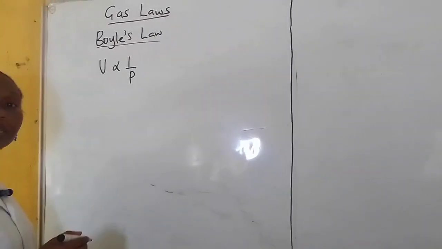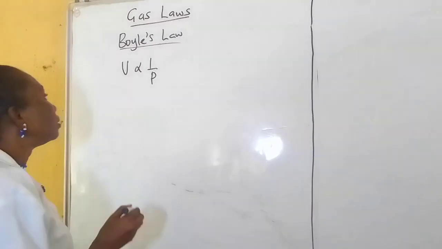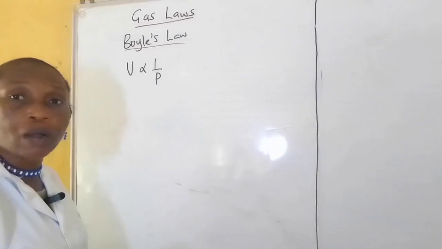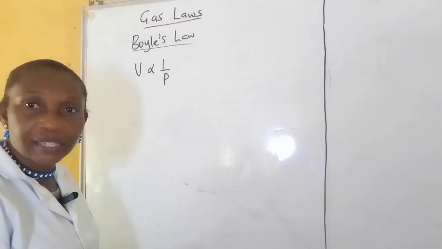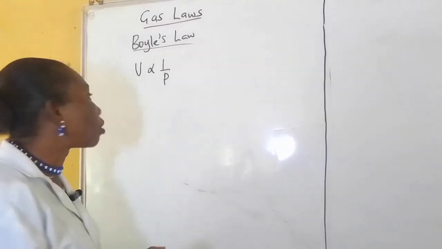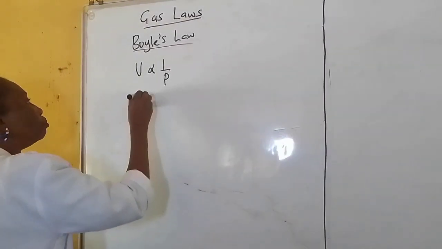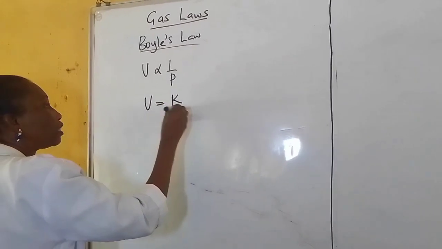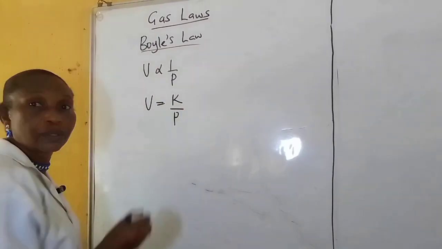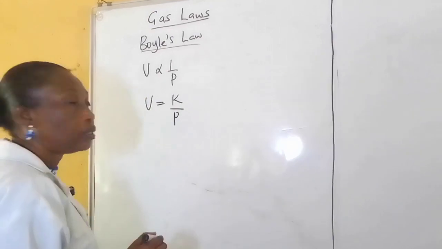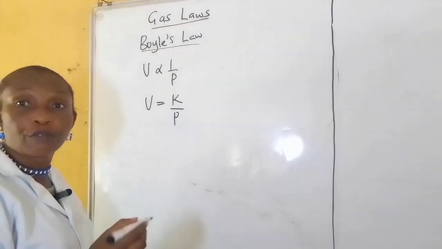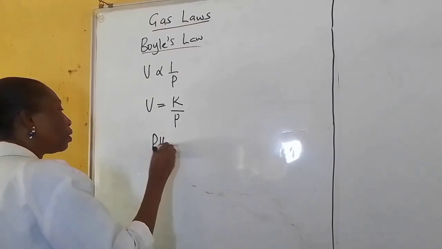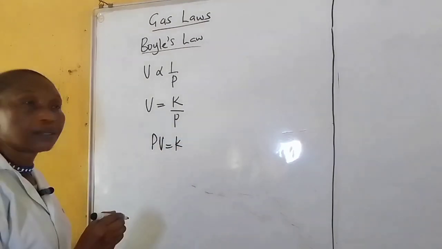So we introduce this, we remove the sign of proportionality and we introduce equality sign, and then our constant. So we have that volume is equal to the constant divided by pressure. So when we want to separate the constant from the volume and the pressure, we have that PV equal to constant.